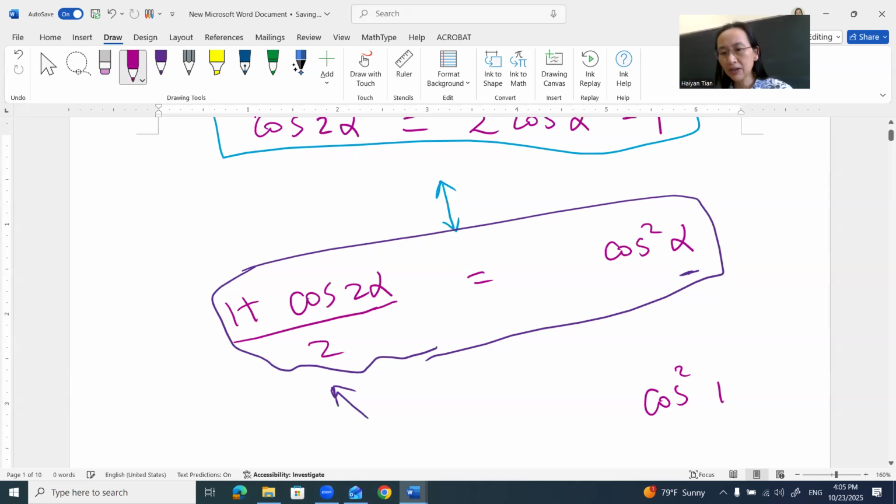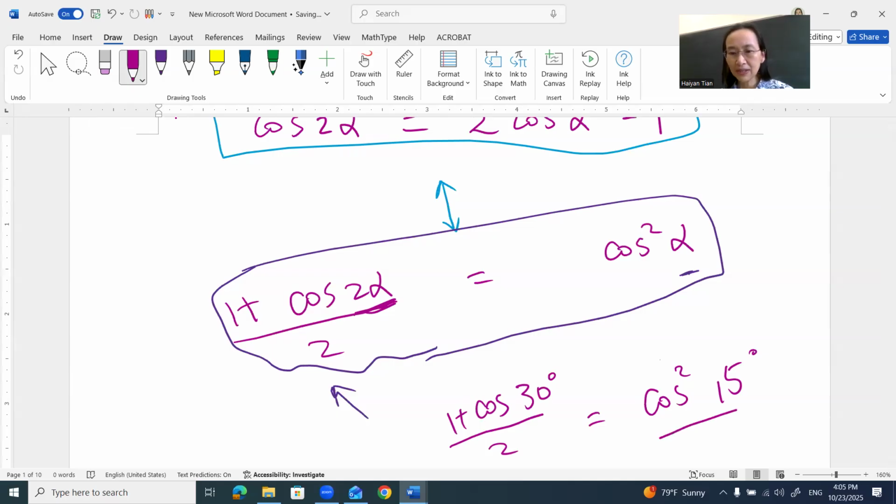But you have a square, and we don't know how to find the cosine 15 because 15 is not a special angle. But if we use the power reducing formula, we can write it as cosine 2 alpha, which is 30 degrees.